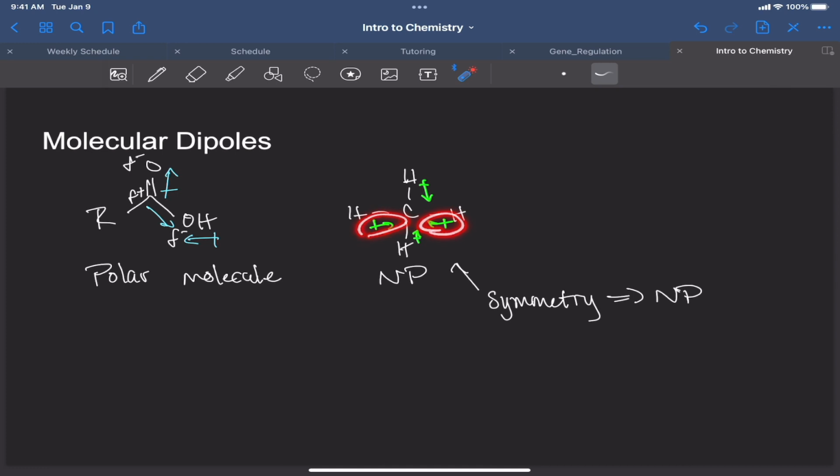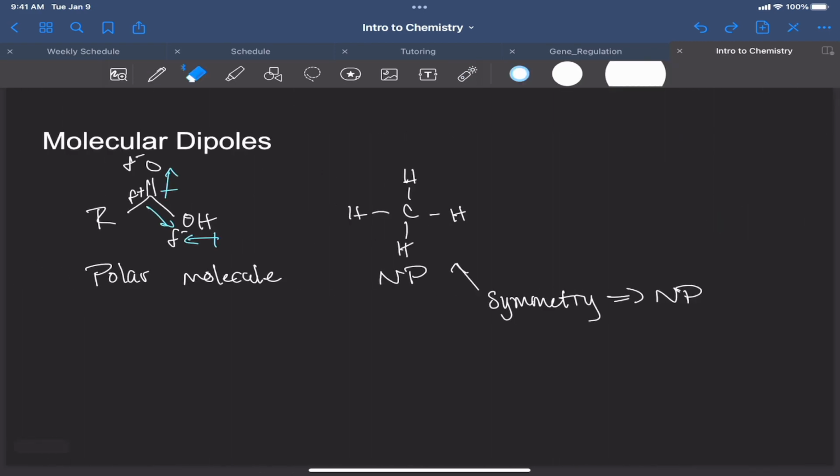This guy and this guy are in opposite directions. They're going to cancel each other out. So even if the carbon-hydrogen bond were polar, methane would still be non-polar because all the dipoles cancel each other out. So that's two ways you can make an argument that methane is non-polar.